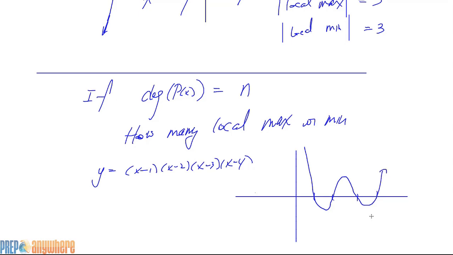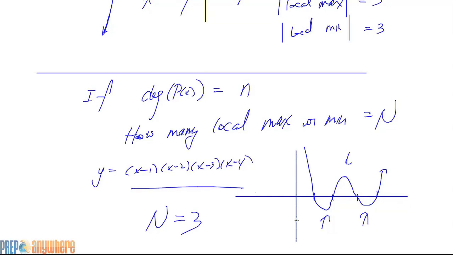So how many local max do I have? 1. How many local minimum? 2. So I have degree 4, and let's call this big N, and I got 3, right? Is it possible to get more than 3? There's no way. But is it possible to get less than 3? Yes.